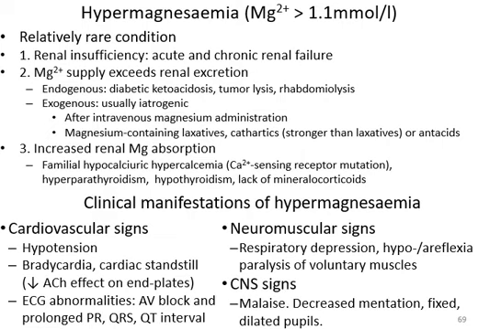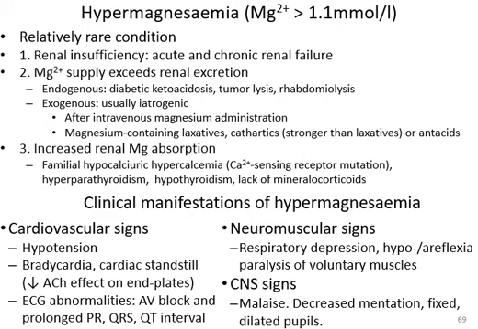In some instances, magnesium supply exceeds renal excretion, which can be of endogenous or exogenous source. Actually, the endogenous forms are related to a transmembrane shift, reversible or irreversible, since magnesium concentration is much bigger intracellularly than extracellularly.